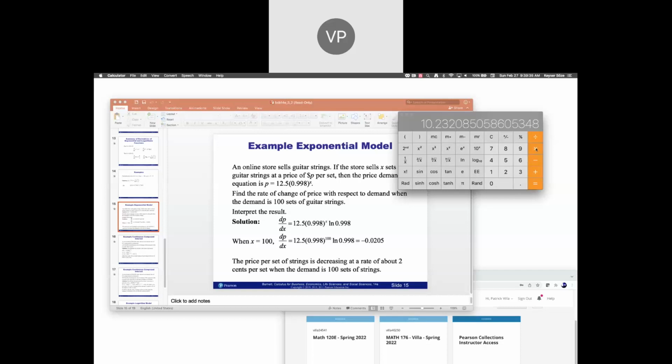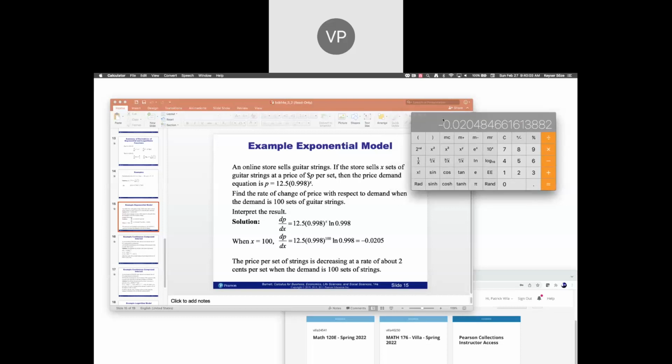And then I'm going to multiply it by the natural log of 0.998. And the nice thing is I can push 0.998 and I hit the natural log. And notice the moment you hit natural log, this is showing the natural log of 0.998. I haven't finished the problem because I still have to hit the equals, and that's how I end up with this one right here, the negative 0.0205. That's how you see where they got this number from.